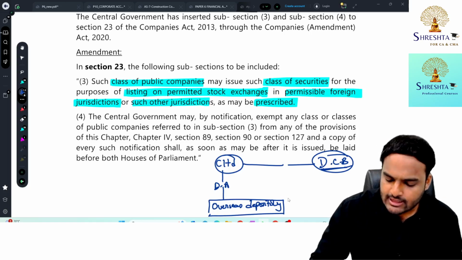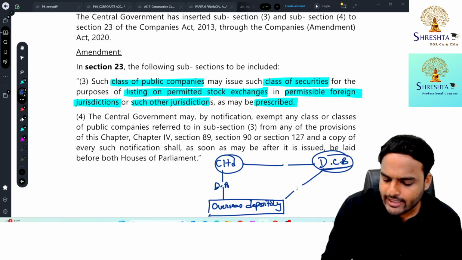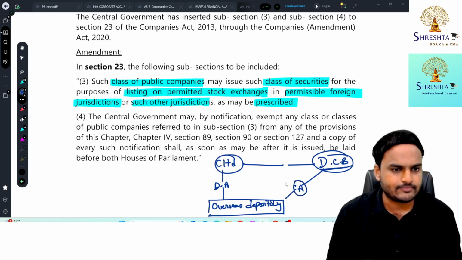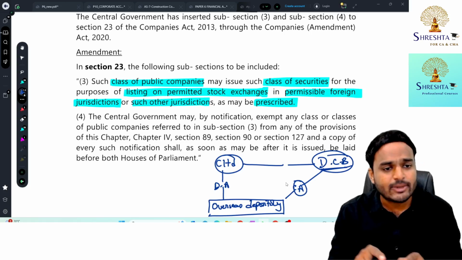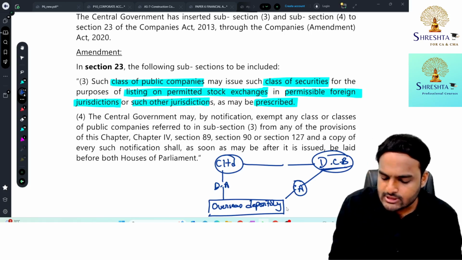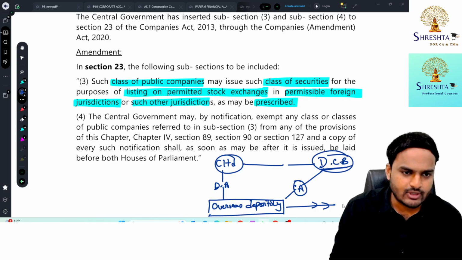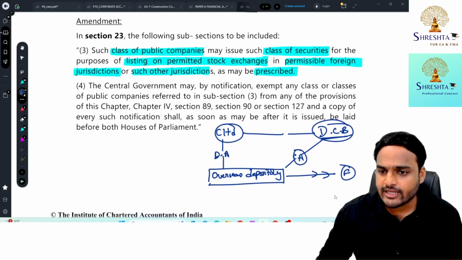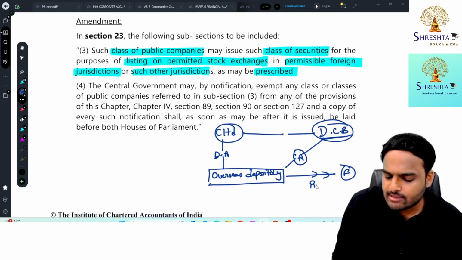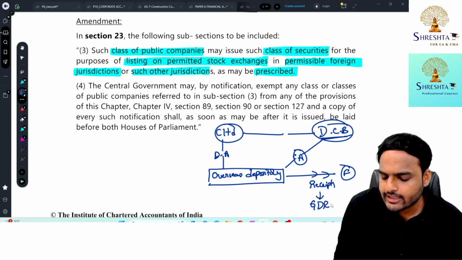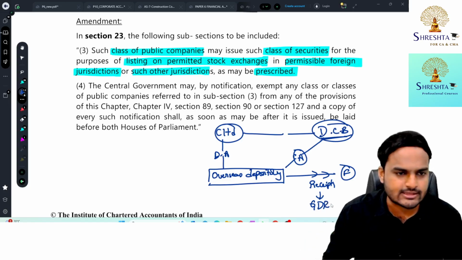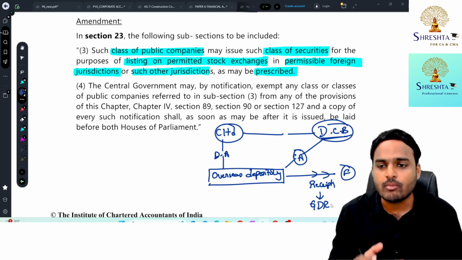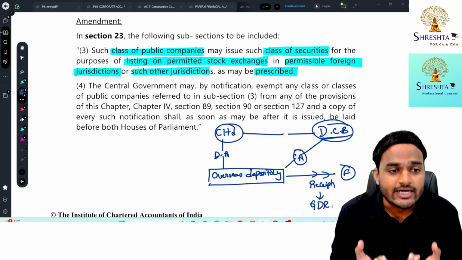Now the overseas depository and the domestic custodian bank will enter into an agreement called the custodian agreement. Based on the depository agreement and custodian agreement, the overseas depository will issue receipts to persons resident in that country. I call them foreigners. Understood? Foreigners will pay money in foreign currency in order to subscribe to these receipts. These receipts are generally known as global depository receipts. In this manner, a company can mobilize foreign resources, simply foreign reserves.